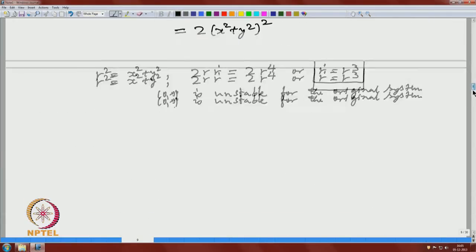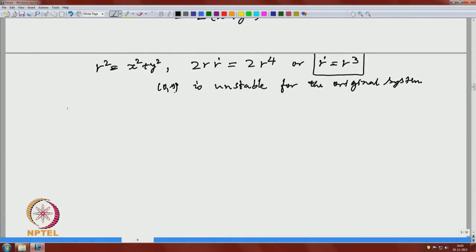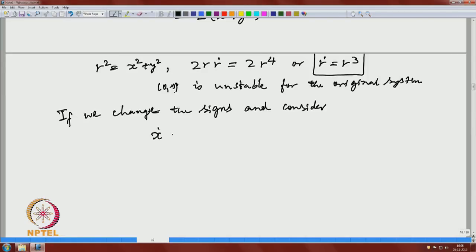And if we just change the signs, consider this system. Almost the same, I just change the sign in the non-linear terms.